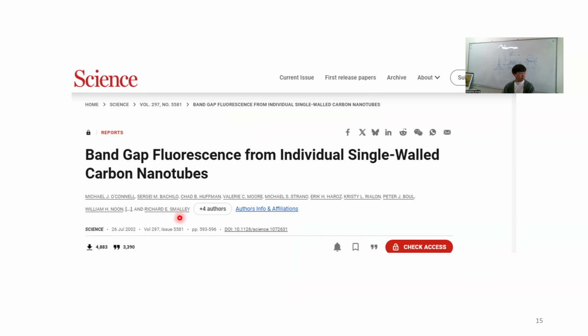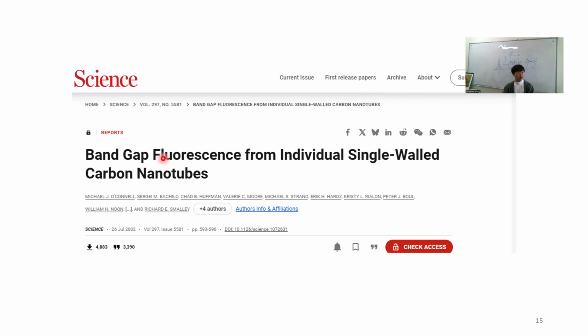The Richard Smalley lab published how to make individual single-walled carbon nanotubes by tip sonication with a surfactant. That was about 10 years after the first carbon nanotube papers. So that was the start. We can use the single-walled carbon nanotubes singly, not just bunched or aggregated ones.